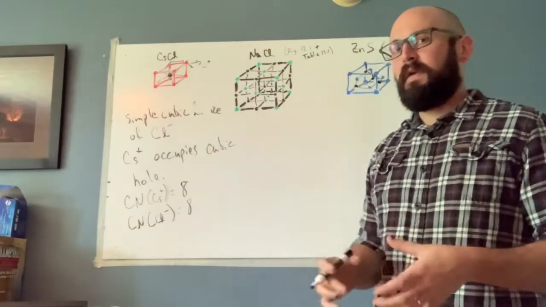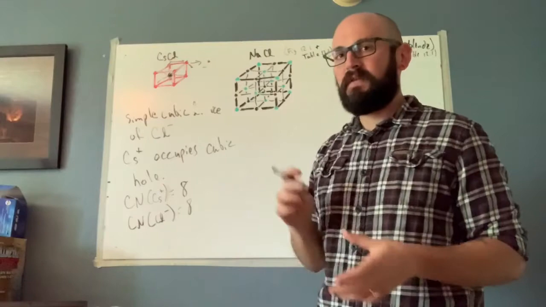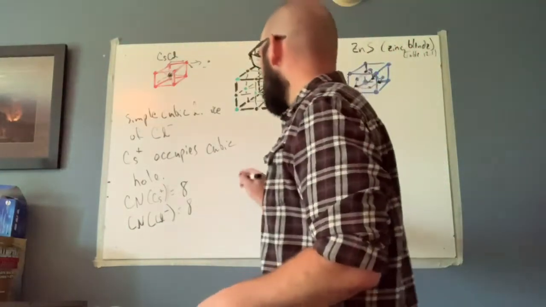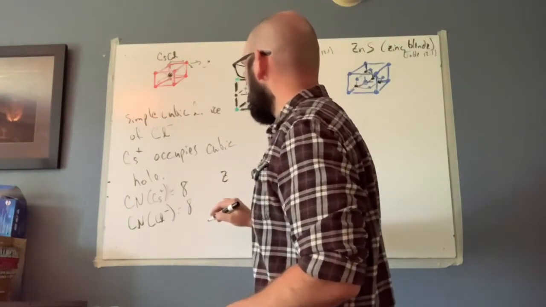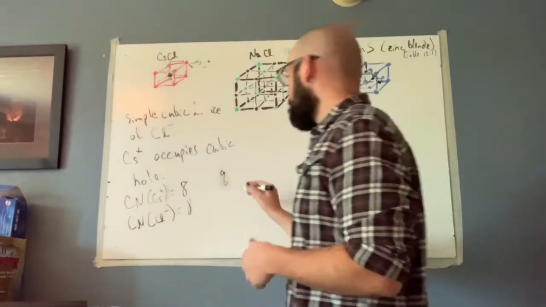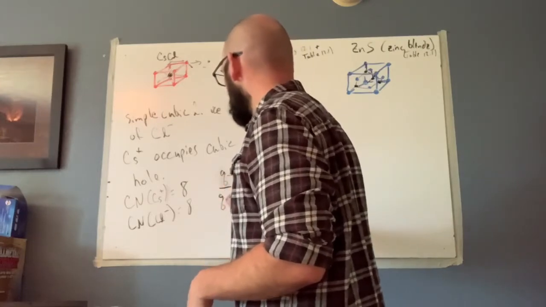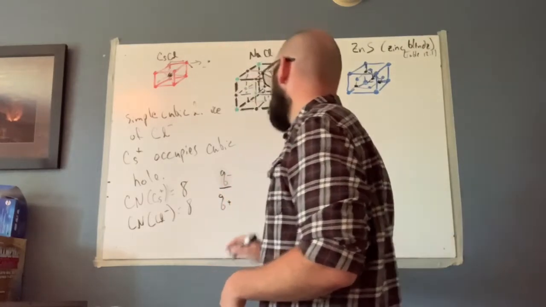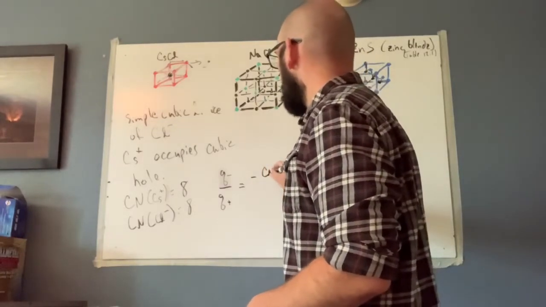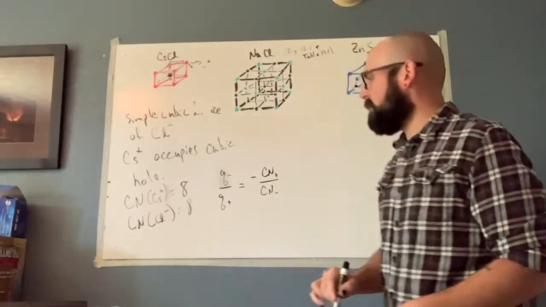Another way in which we can identify our coordination numbers is by looking at a relationship between the coordination numbers of our cations and anions and the charges on those components. So we can say that the charge on our anion divided by the charge on our cation must be equal to negative coordination number of our cation divided by the coordination number of our anion.